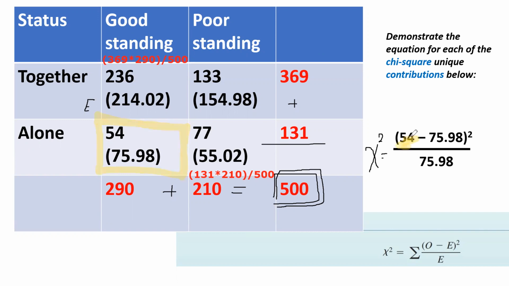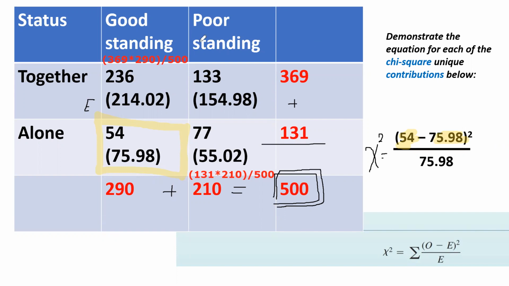You'll see that the 54 is the observed from here. That's when they did it. They had 500 people. That's how many actually said they were alone and in good standing, right? 75.98 is the expected frequency, right? So if those things are independent based on how many people were in the rows and the columns, that's what we would expect. And 75.98 corresponds to this value.